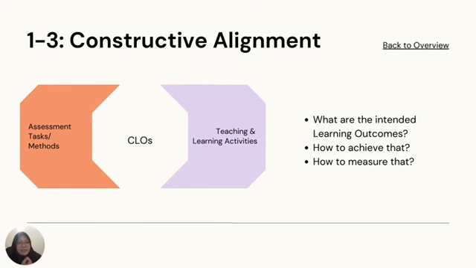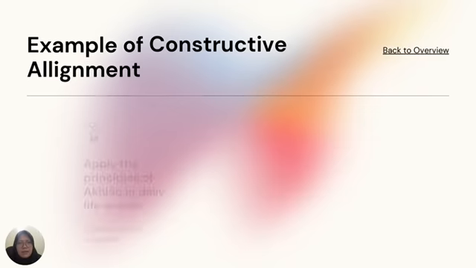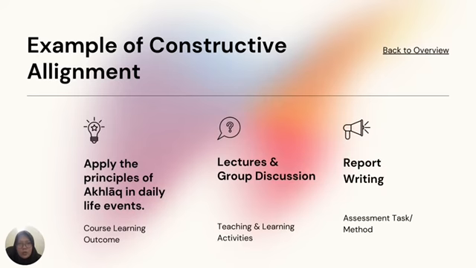The third important part of constructive alignment is how to measure, or how to assess our students. What are the methods that we will be using in order to know whether the subject is understandable or not from the perspective of students? Okay, so we go to the examples of constructive alignment.